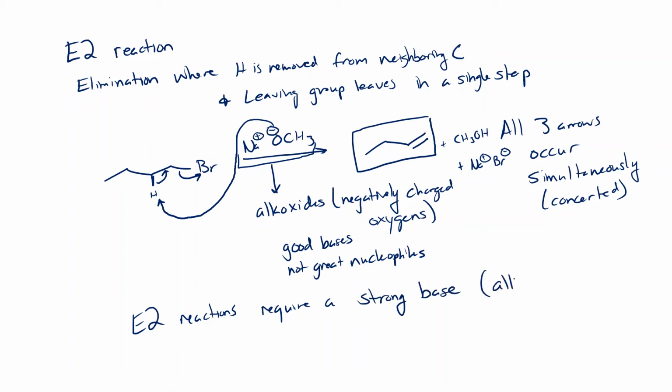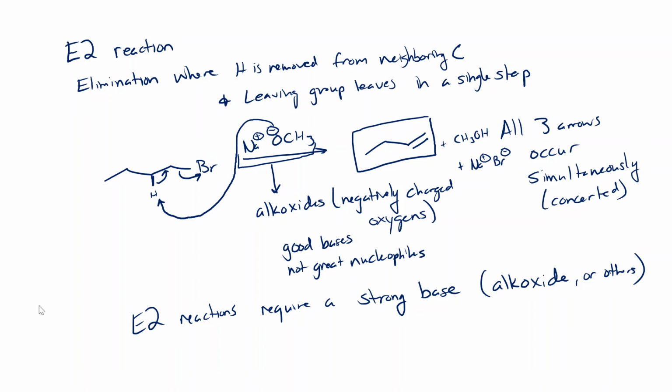This is usually going to be an alkoxide, although we'll talk about a couple of other strong bases. Alkoxide or others, right? We'll talk about other strong bases here in a little bit. But for the most part, we're going to worry about alkoxides for now. Those are our strong bases. So E2 reactions require a strong base.